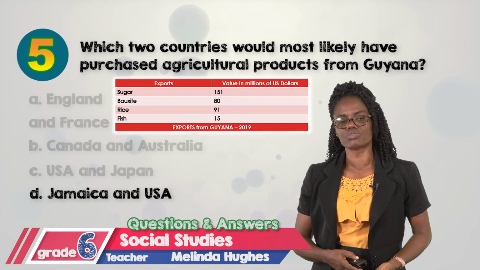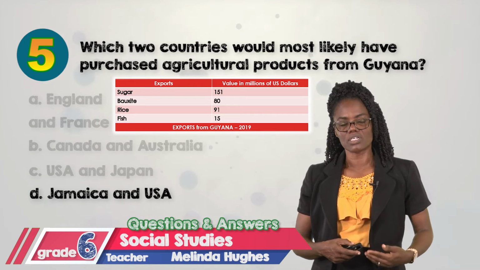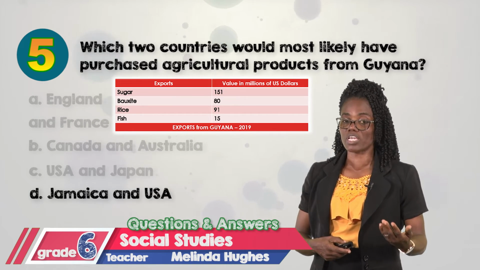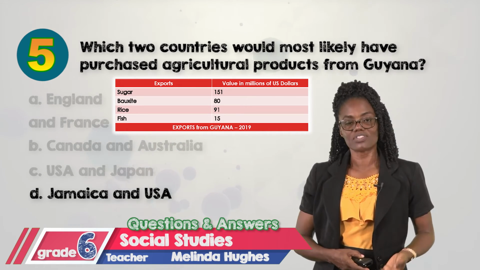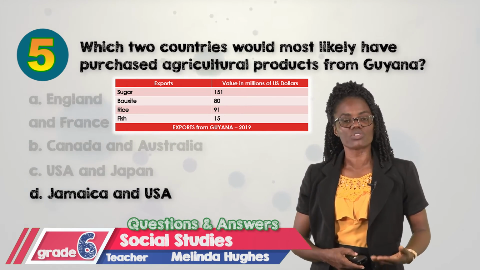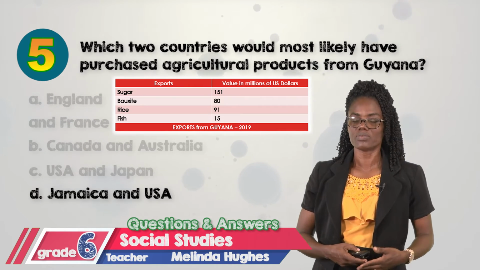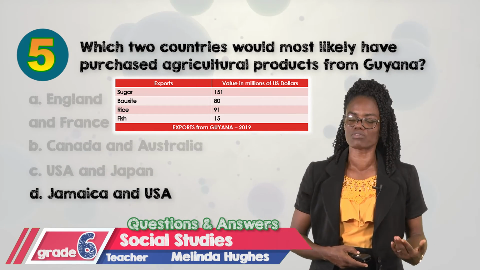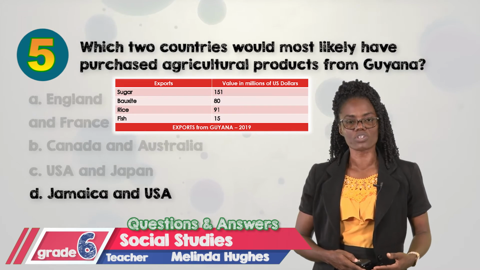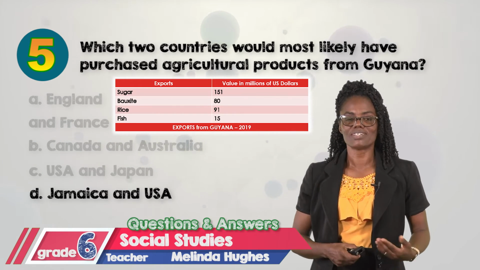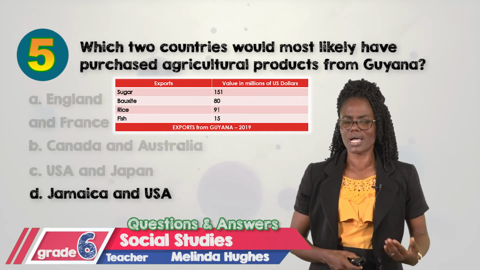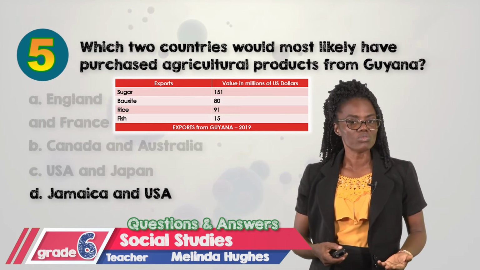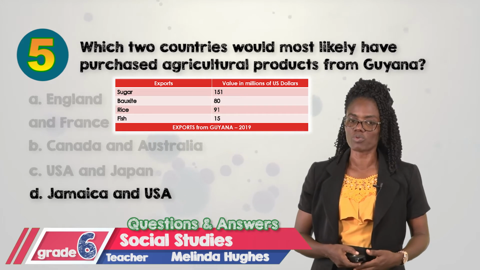These are two countries that trade, especially some of the exports there, sugar, bauxite, rice, and fish. These two countries are countries that trade with Guyana. Of course, the other countries, England and France, Canada and Australia, and Japan, they do not trade these exports with Guyana.